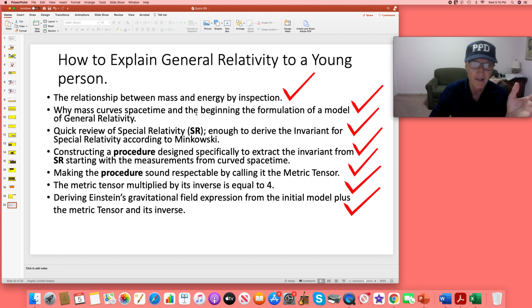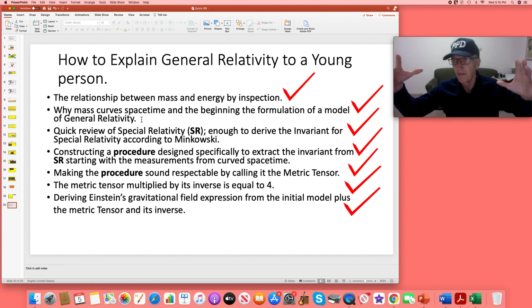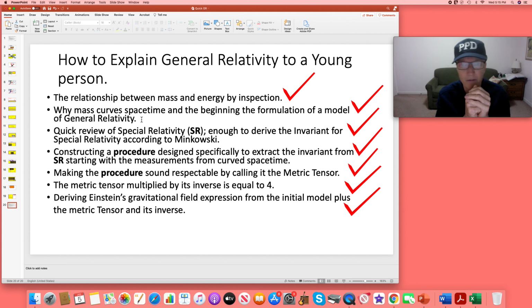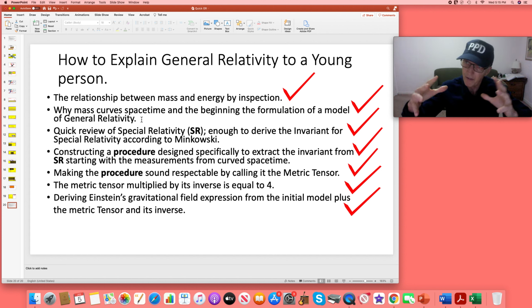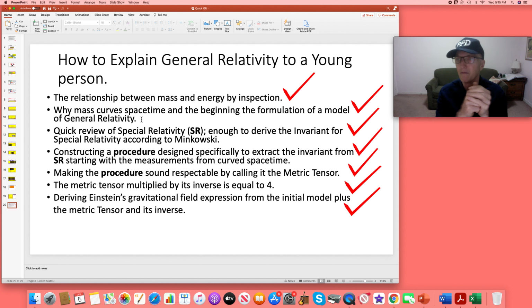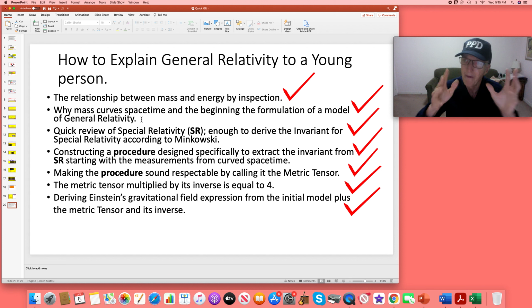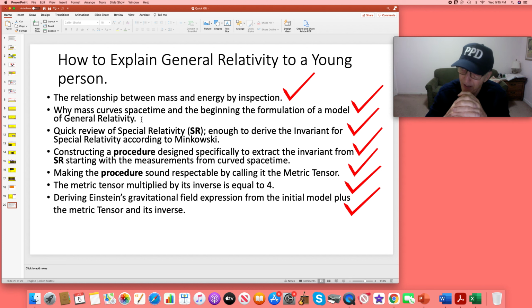Why does mass curve space-time in the beginning of the formulation of the model of general relativity? We showed that if you take momentums such as arising from the energy emitted from a Hiroshima bomb, and you run it backwards by attacking it with changes of momentum coming in from outside and compressing it back the way it was, when it was plutonium, or I think it was uranium at the time, the pressures are enormous.